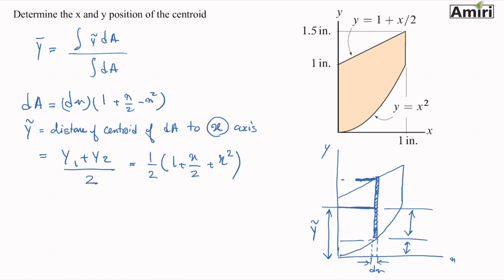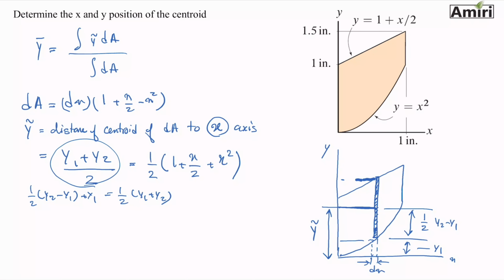This one is half of y2 minus y1, and this one is y1. So half of y2 minus y1 plus y1 equals half of y1 plus y2. Okay, so that's how I got this.